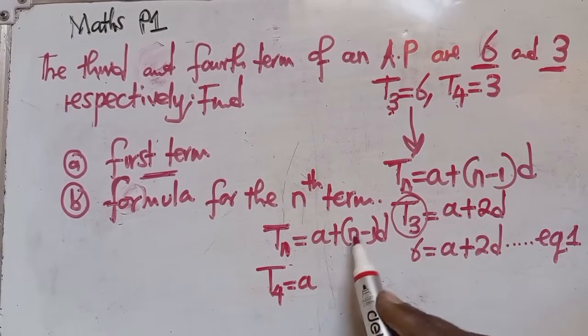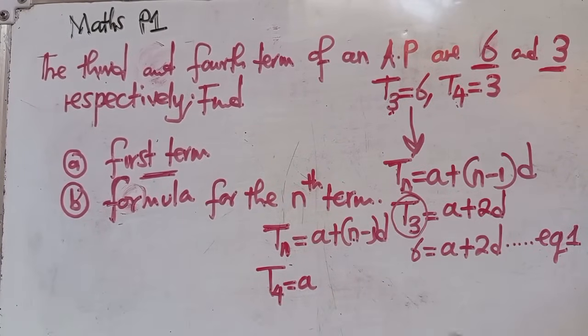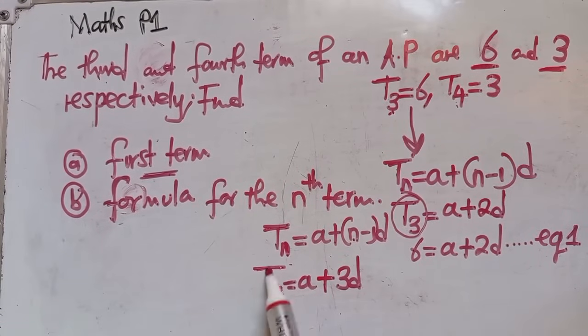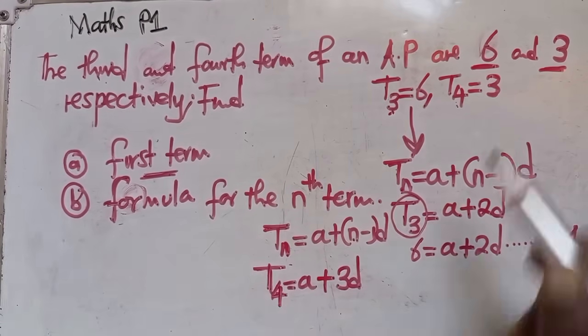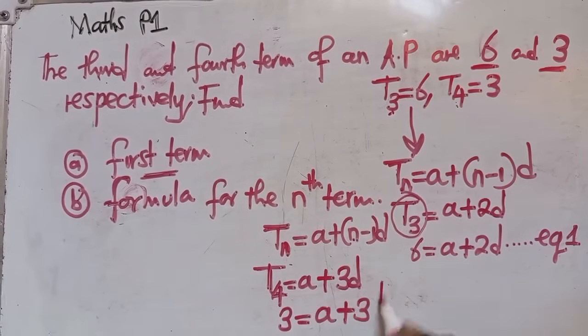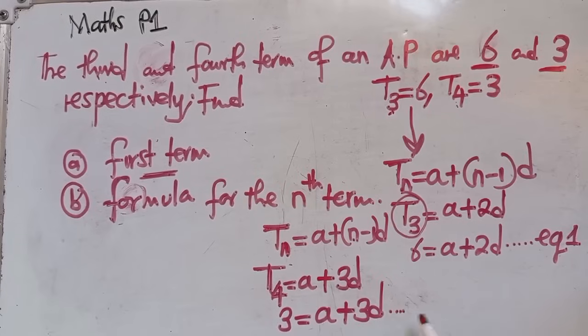So a plus 4 minus 1, which is 3, times d is 3d. I know that the fourth term is 3, so 3 = a + 3d. I name this equation 2.